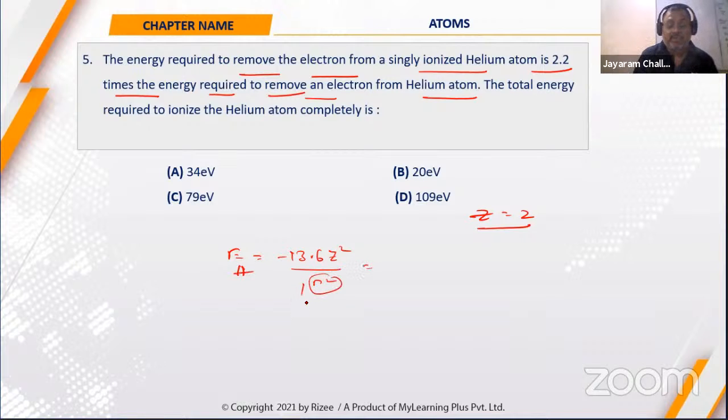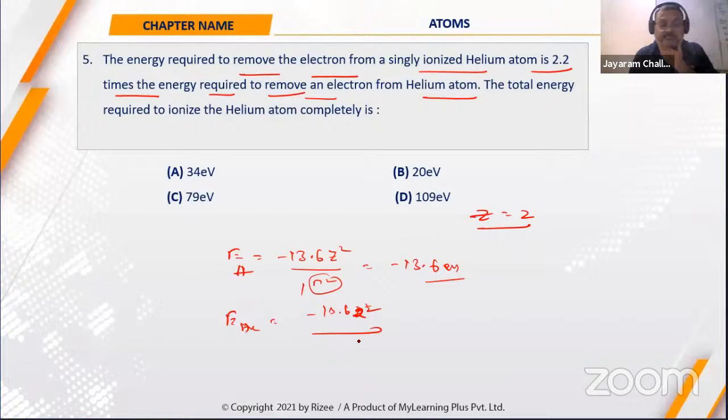So minus 13.6 electron volts will be there, and this is equal to the doubly ionized helium, which is minus 13.6 into Z square by n square, that is 2 square by n value. What can be the n value? He is asking the energy required to remove an electron from the helium atom. That is, n value can be 1 here.